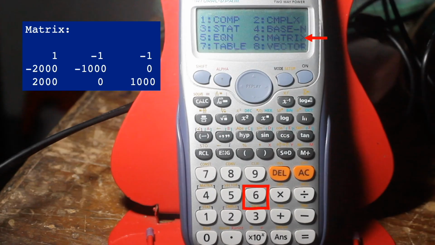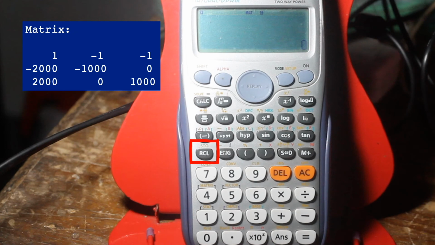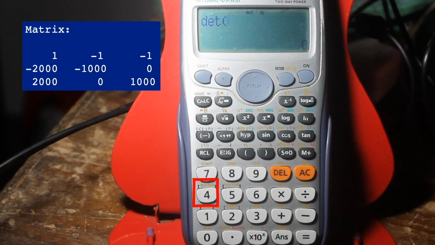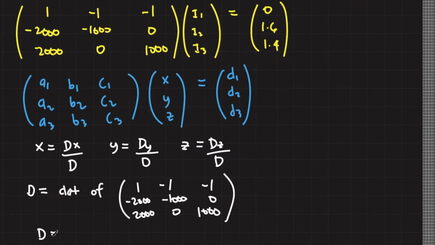I made a video tutorial on how to calculate the determinant of a matrix using a scientific calculator. The link is in the description box below. Using the calculator, the determinant of this matrix is equal to negative 5.0 times 10 raised to 6.